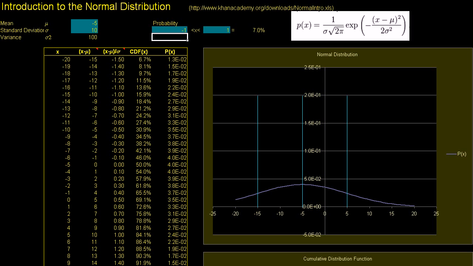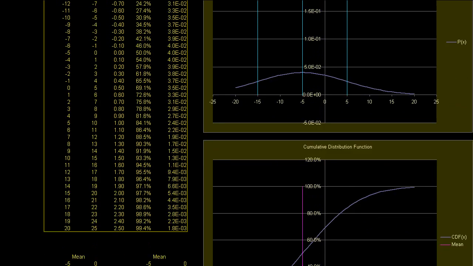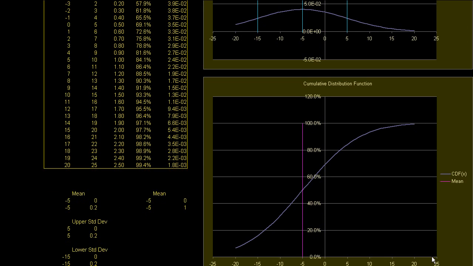Let me scroll down. This might be taxing my computer by taking the screen capture with it. So what I did is I evaluated the cumulative distribution function at 1, which would be right there. And I evaluated the cumulative distribution function at -1, which is right there.